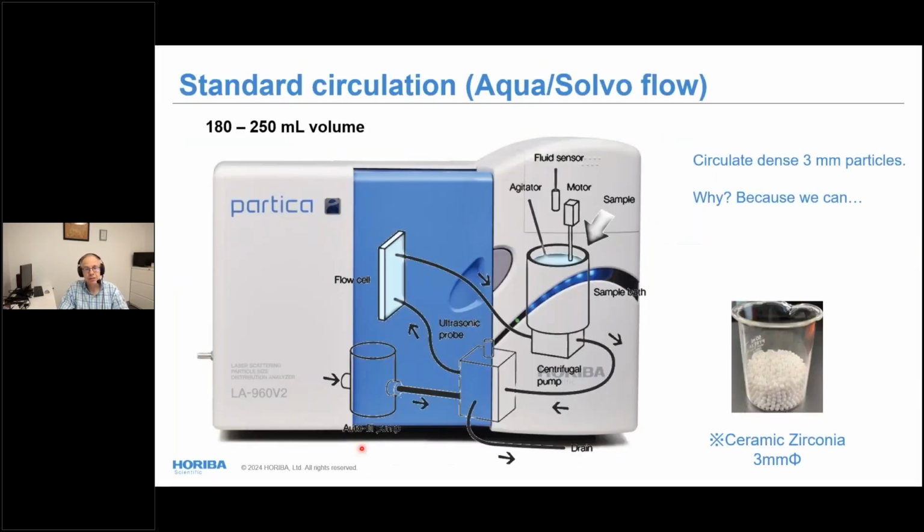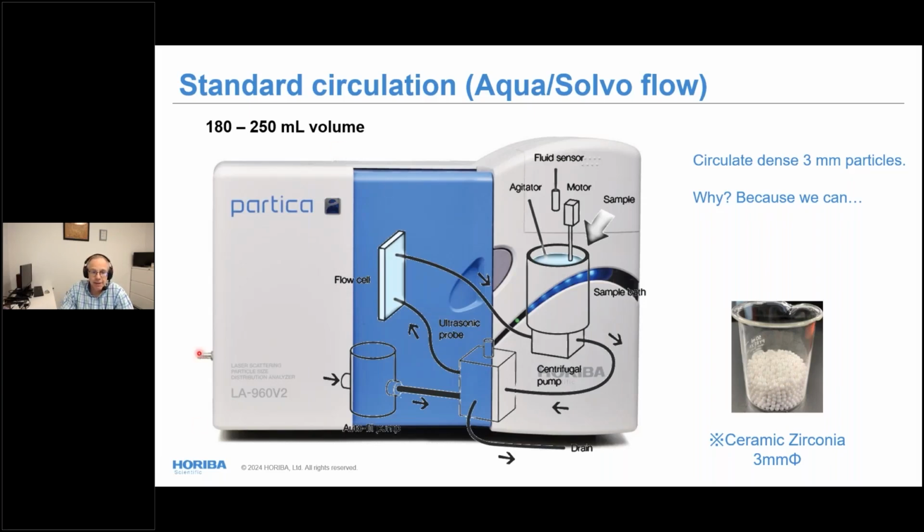So let's get into details on liquids. We are going to start with the most popular type of circulation, which is what is in a stock instrument. We call it Aqua Flow or Solva Flow.